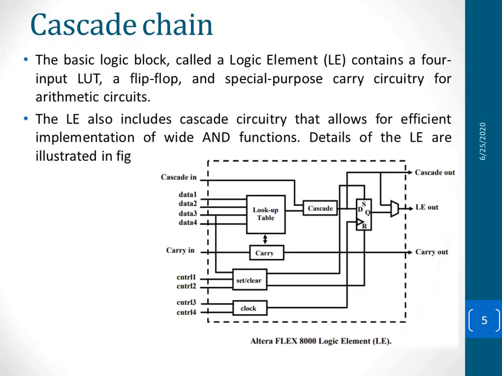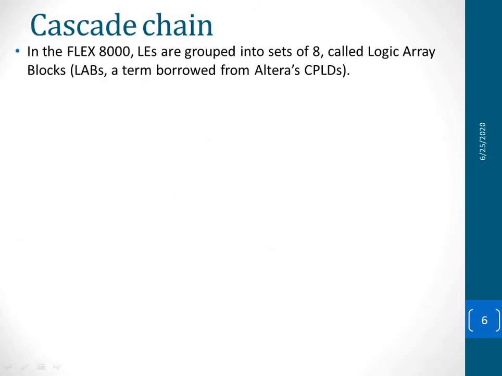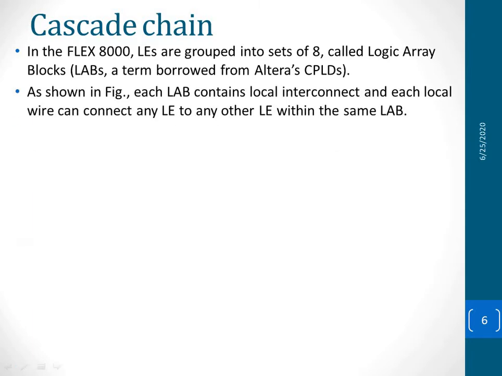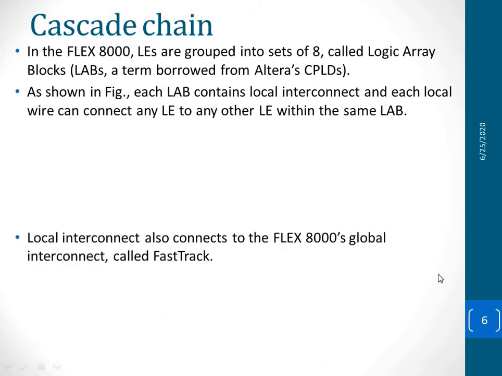You can see here the logic array block. So we can connect within the logic array block, or from this logic element to a logic element in another logic array block, because one logic array block consists of 8 logic elements. So in one block such 8 logic elements are available.